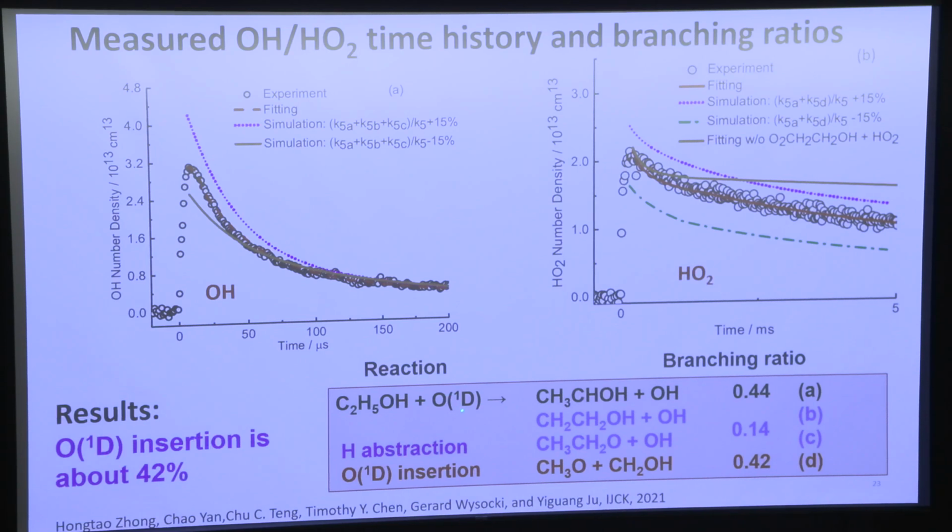Alcohol with O1D has many, many channels. We can measure the products of OH, and measure HO2 formation from this intermediate species. You can fit that experimental data back to the OH and HO2 signal. We determined that the branching ratio of this reaction is 44% here, 42% there.